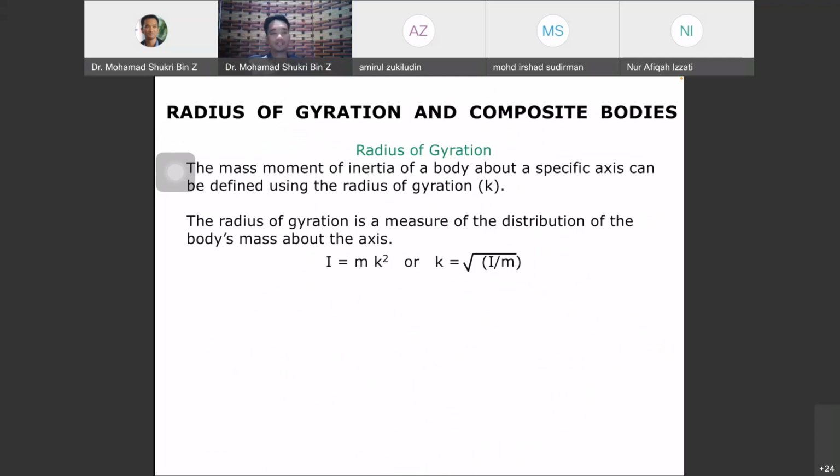Sometimes the value of the mass moment of inertia is not provided in the appendix, for example for a complex shape like a gear.